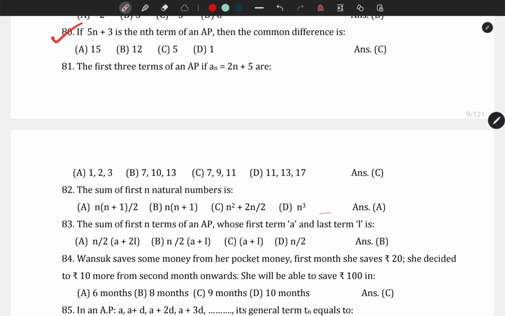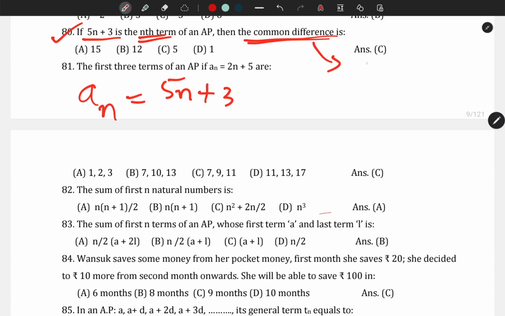Number 80. If 5n plus 3 is the nth term, meaning an is equal to 5n plus 3, then the common difference, we can calculate as any term minus the previous term. That means it can be a2 minus a1 or a3 minus a2. So we can just calculate a2 and a1 and then simply subtract. To find a2, in place of n we substitute 2.